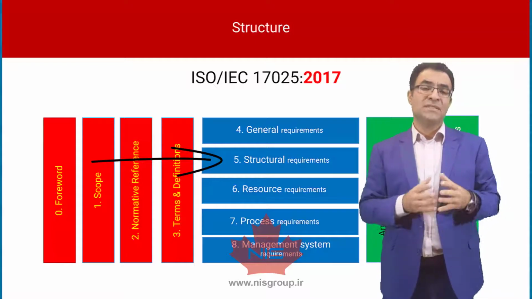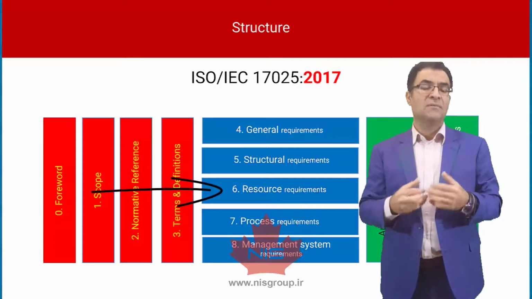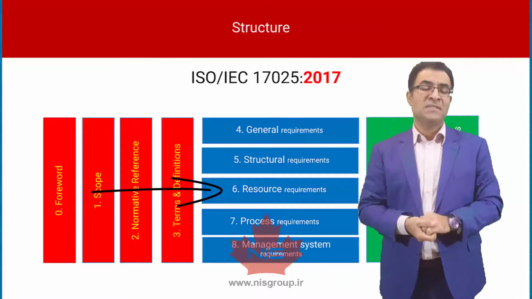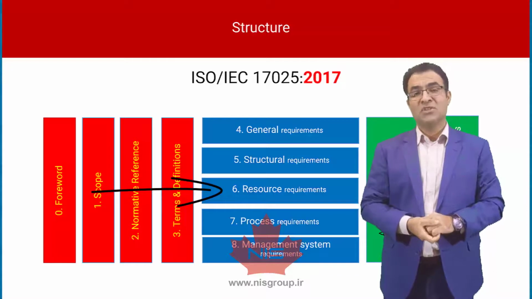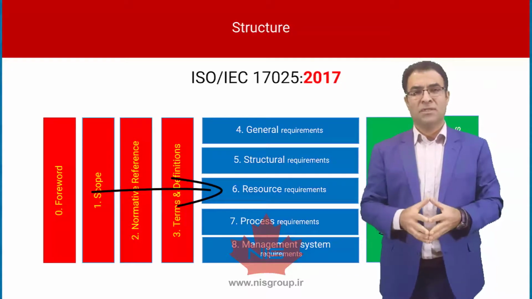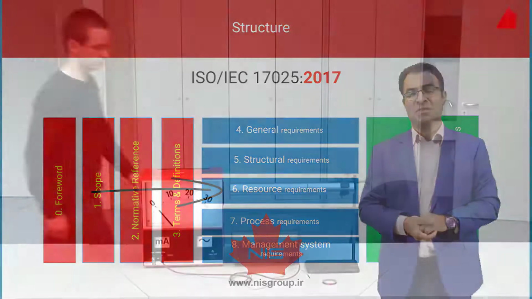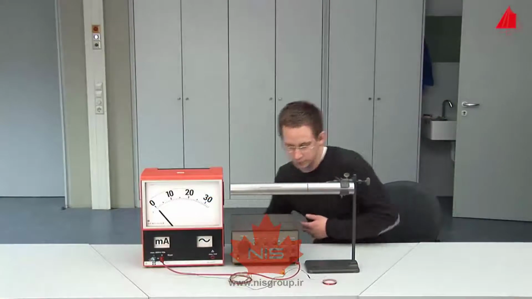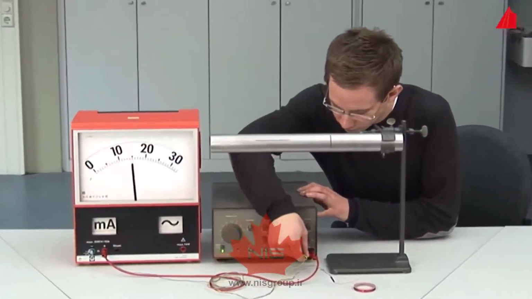Then in clause 6, which is called resource management, the standard gives a lot of requirements that shall be applied to resources. What are the resources of a laboratory? A laboratory has a wide range of resources, including hardware, software, people, and even documented information.